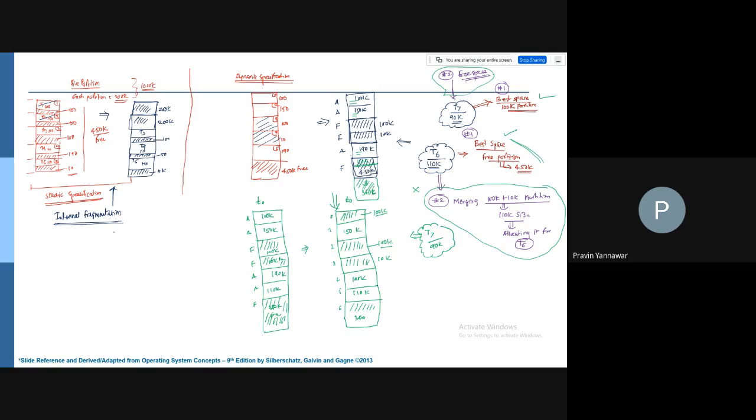So here the interesting thing is that, since this kind of variable partitions are getting created, you need to put in more effort.